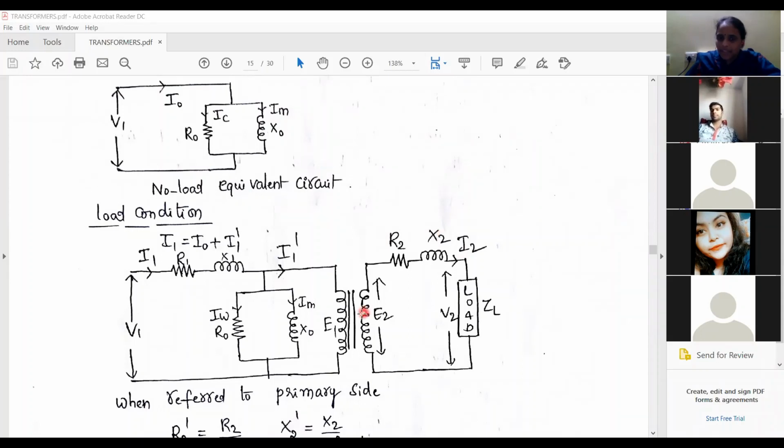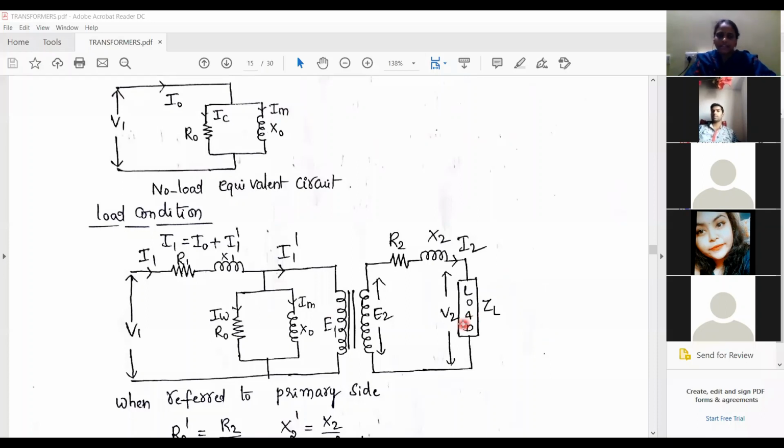The voltage E1 is induced in the primary winding, and voltage E2 is induced in the secondary winding. V1 is the voltage applied in the primary. V2 is the voltage in the secondary. The current I1 is flowing in the primary winding. The current I2 is flowing in the secondary winding because it is connected to the load.